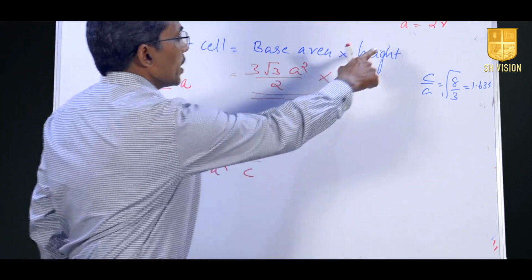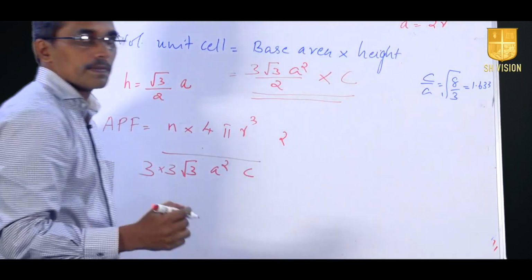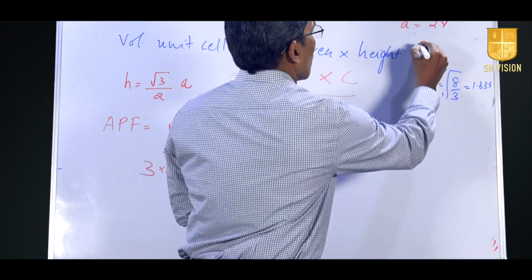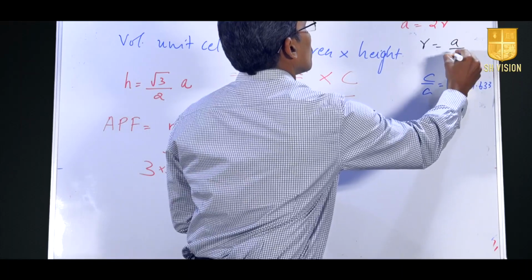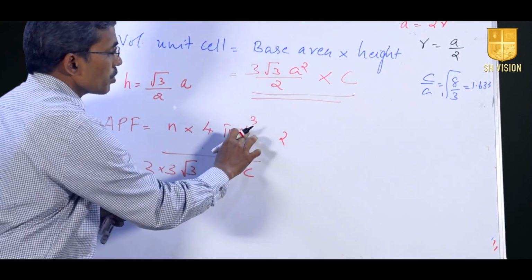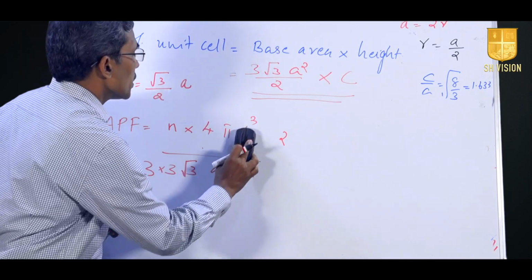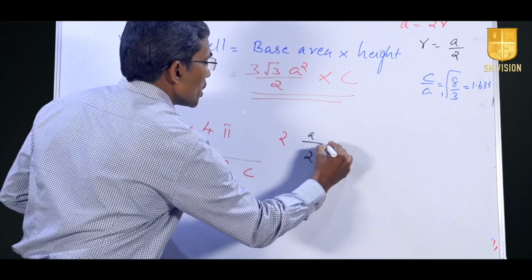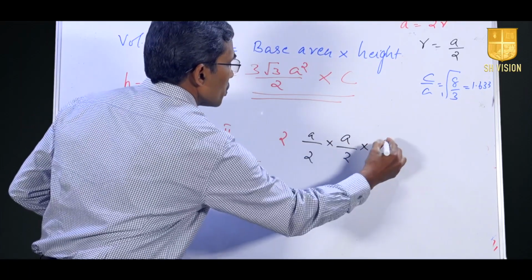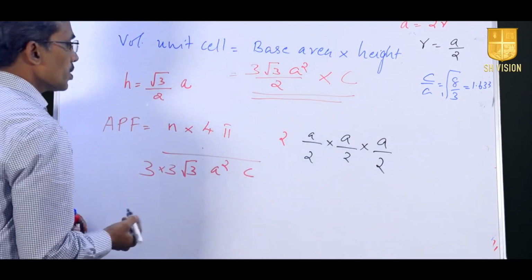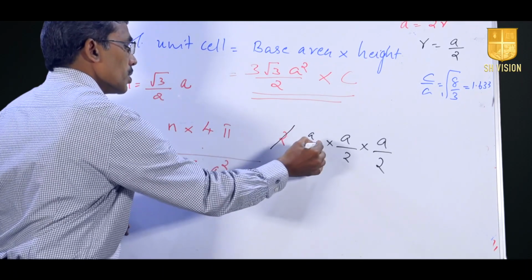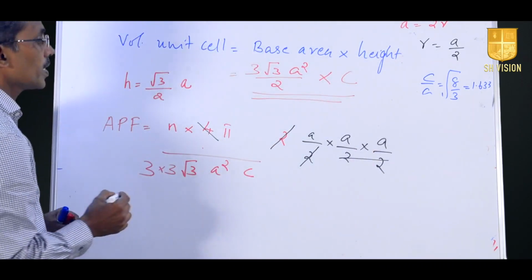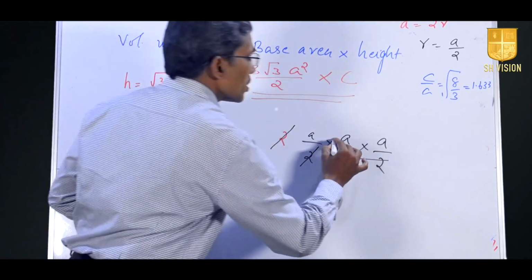2 goes to the numerator and this 3 I take in the denominator. And we have already seen a is equal to 2r, therefore r is equal to a by 2. So I will replace this r with a by 2 into a by 2 into a by 2. I will be able to cancel this 2 and this 4, and this a square and this a square.